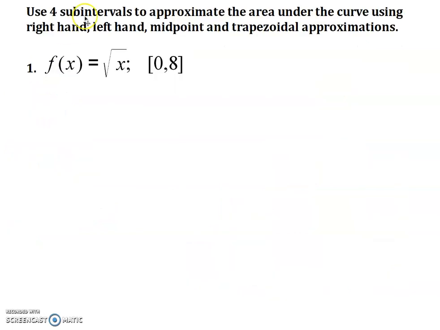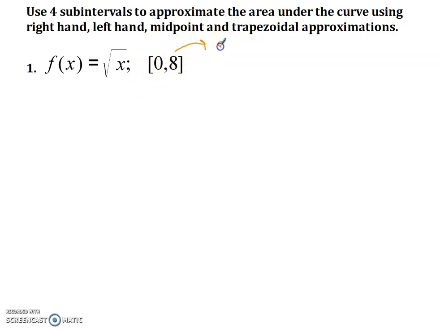So if we look at this first one: use 4 subintervals to approximate the area under the curve using right-hand sum, left-hand, midpoint, and trapezoidal approximations. So we have f of x equals the square root of x over the interval 0 to 8. The first thing we need to figure out is how we're going to space these x values.